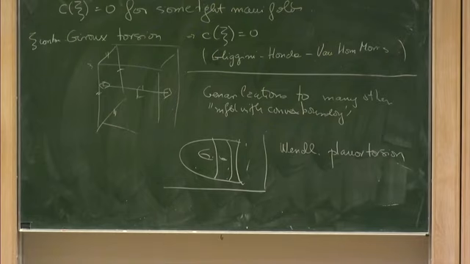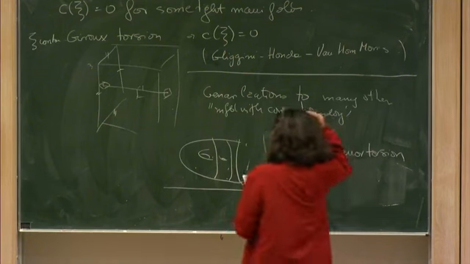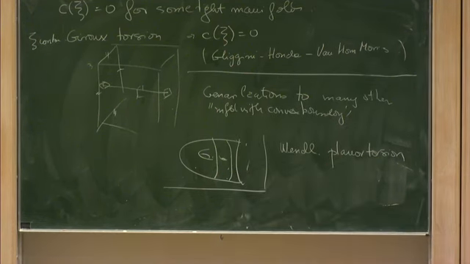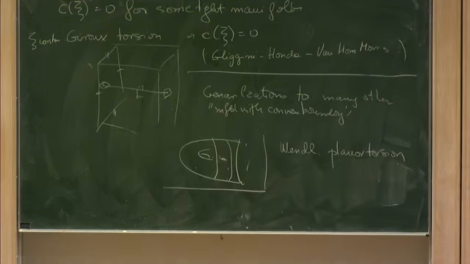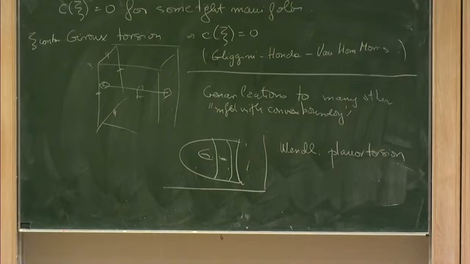We would like to figure out some way to measure what kind of twisting pieces are in this contact manifold that make c of Xi equal 0. So this is what our refinement is partially about.